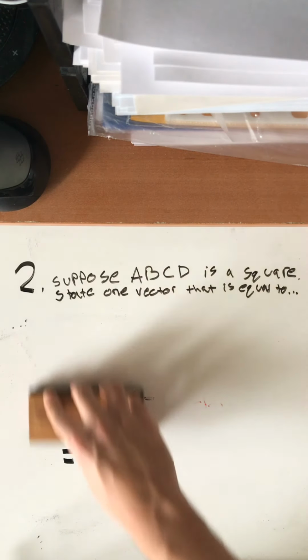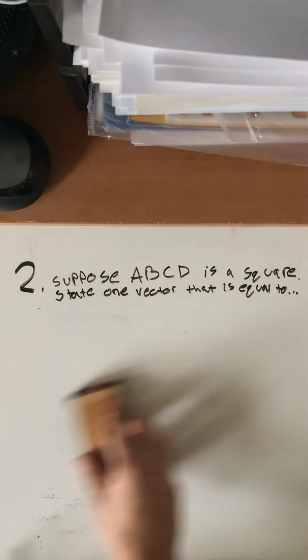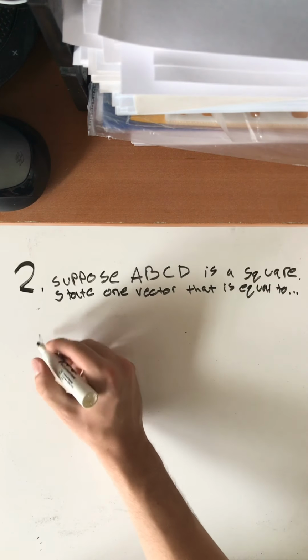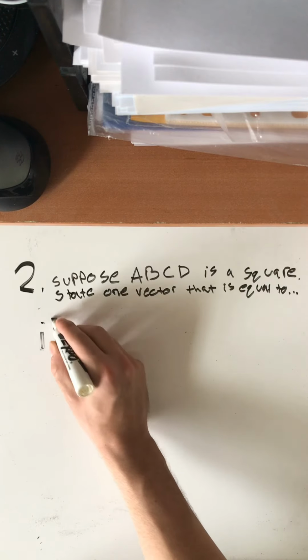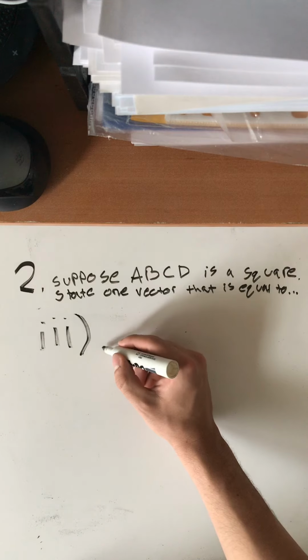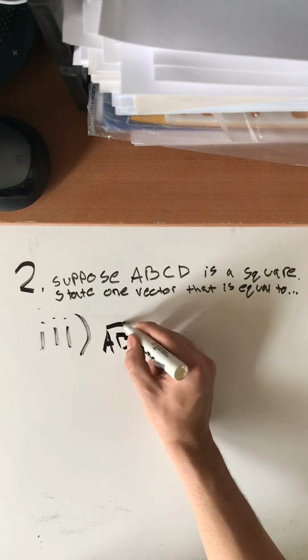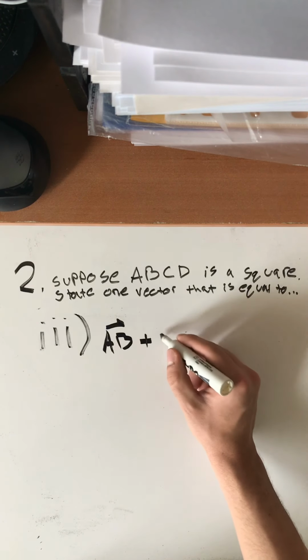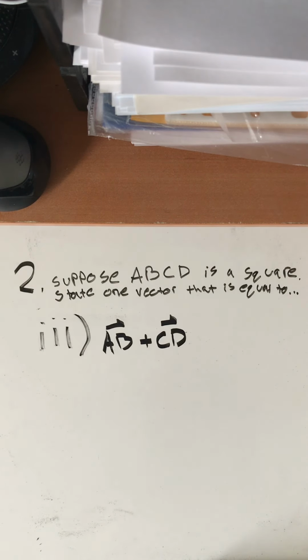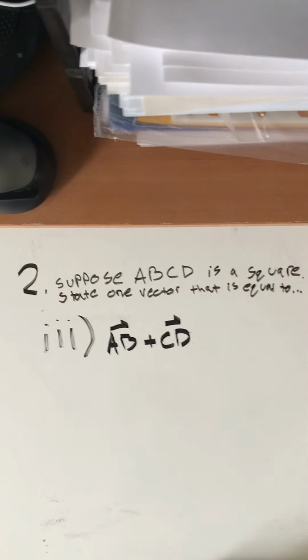Let's go to our second last question. So the question is vector AB plus vector CD. Okay. So let's look at our visual representation.